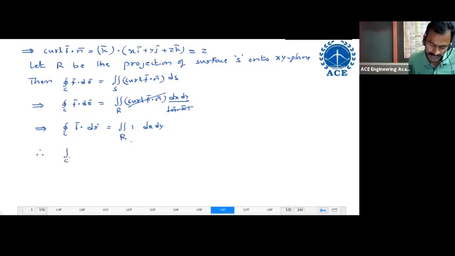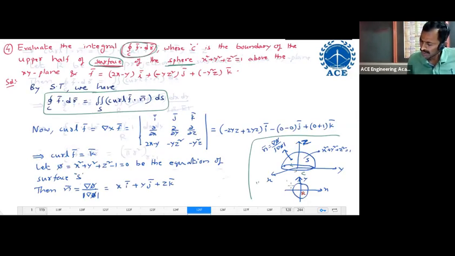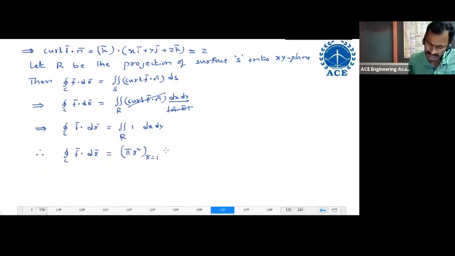Therefore, integral over C f bar dot dr bar equals pi r square, but the radius is 1, because here the equation of the circle is x square plus y square equal to 1 for z equal to 0 on the xy plane. So the radius is 1. This is equal to pi. It is the value of the integral.